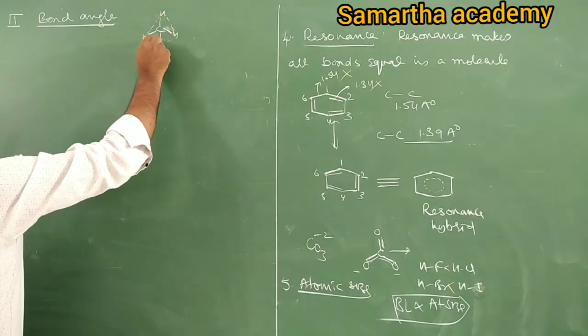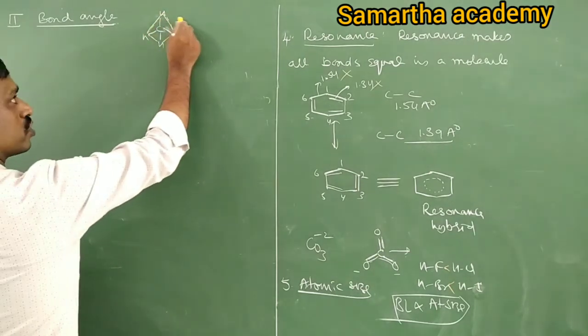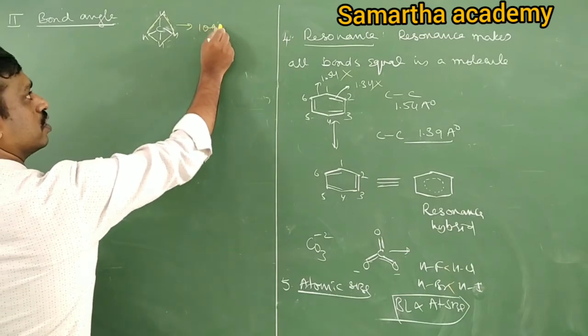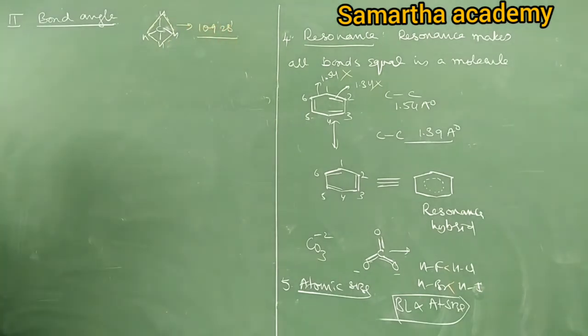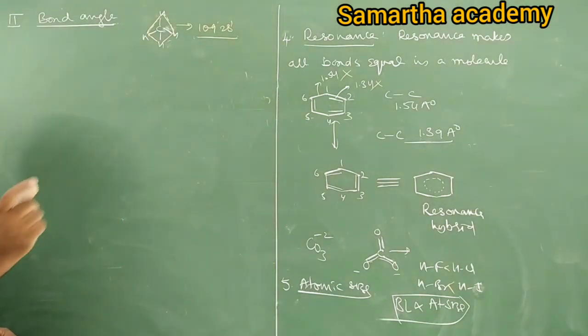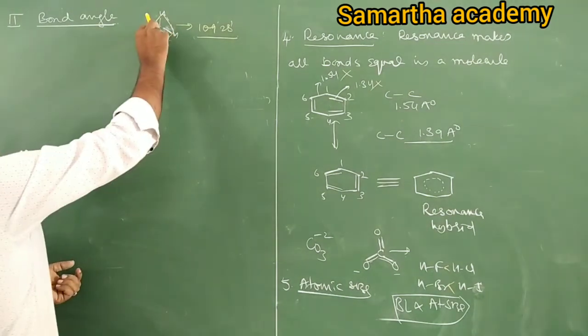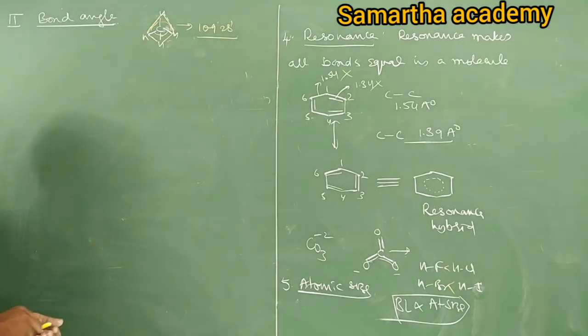Like this. What is the angle between any two hydrogen atoms? We have studied it is 109 degrees 28 minutes. This is called bond angle. This 109 degrees 28 minutes is the angle between any two hydrogens, any two bonds. There are 4 bonds. It means the angle between any two bonds in a molecule is called bond angle.